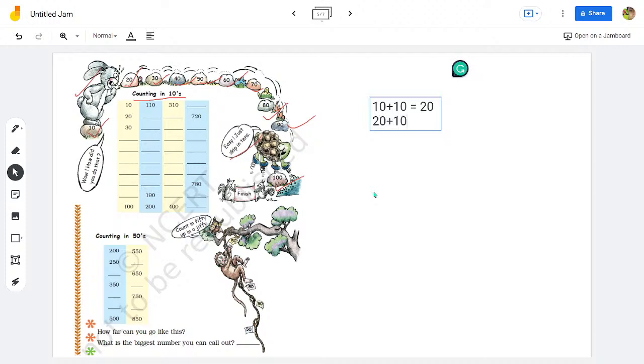Adding another 10 gives us 30. 30, adding another 10 gives us 40. 40, adding another 10 gives us 50, and this is how it would keep on going. So here we are counting in tens, or we are simply adding a 10 more to the previous number. Now let's see what is the first one over here. How is it done?